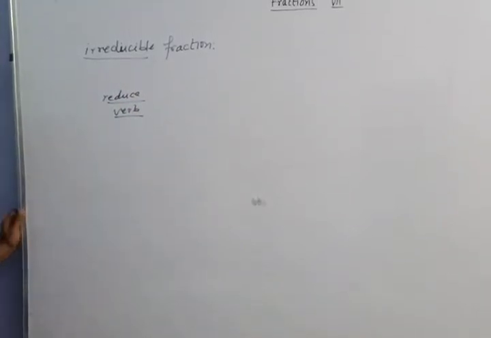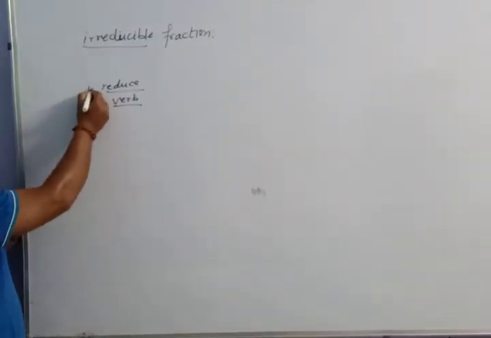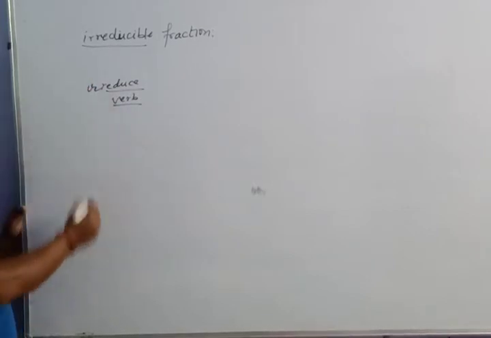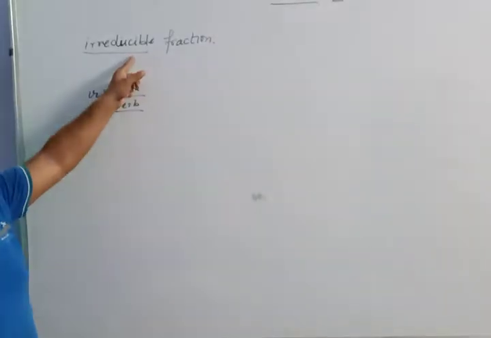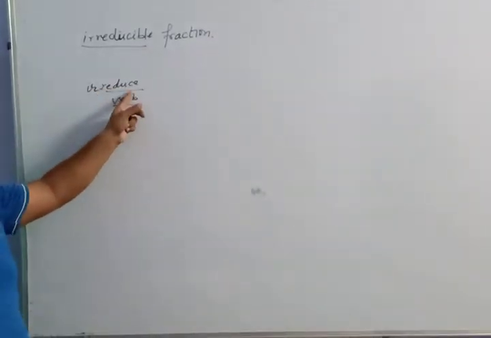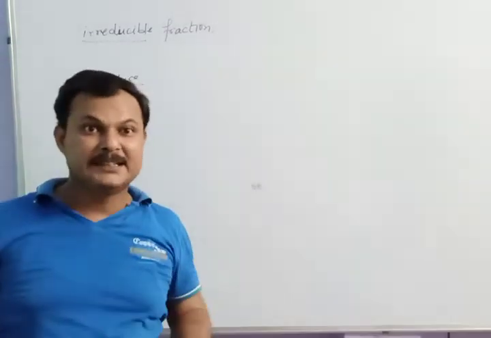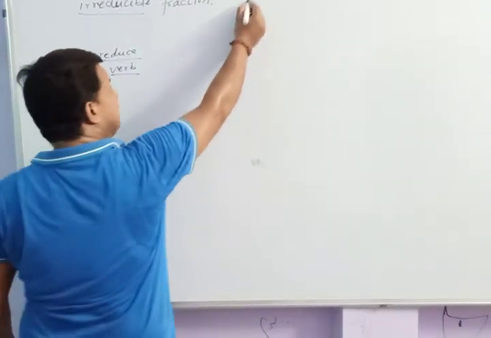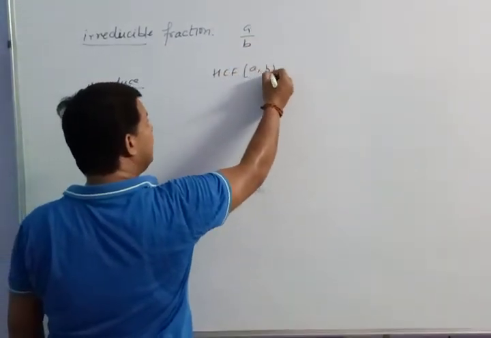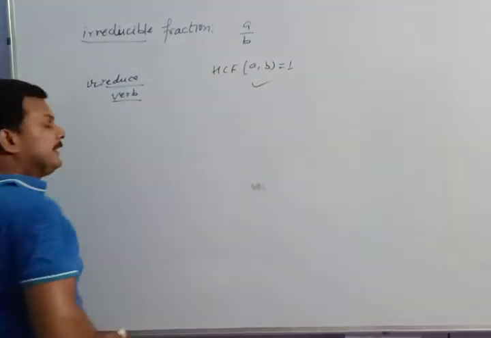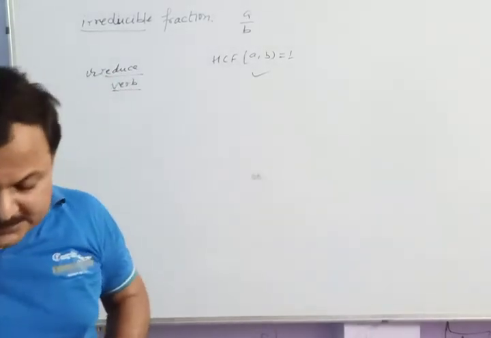Reduce is a verb. Reduce means to decrease, to diminish. Irreducible means things which can't be reduced further, and irreducible is the adjective. Clear? It means the fraction which can't be simplified again. If it is given in the form a by b and the HCF of a and b is 1, in that case the fraction is said to be an irreducible fraction or a fraction in simplest form.